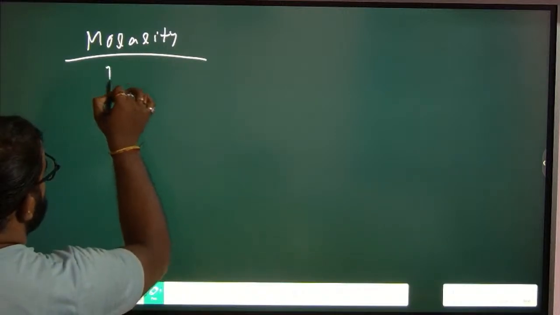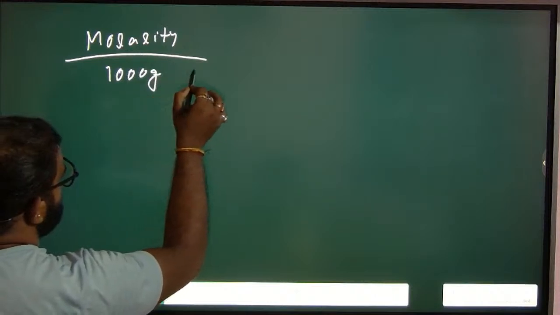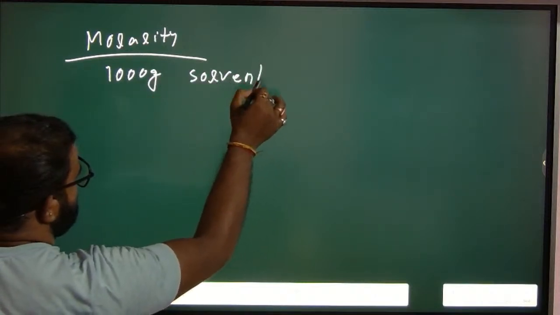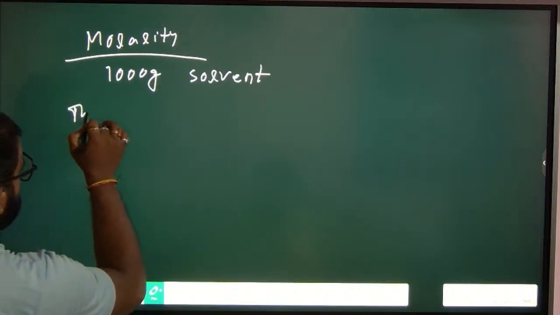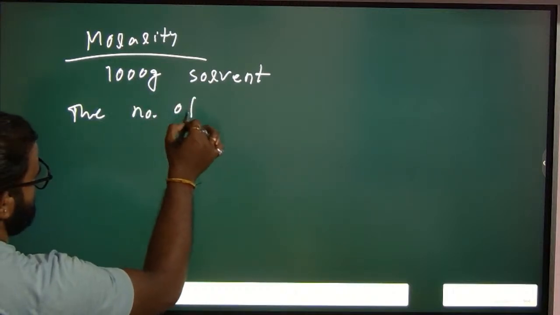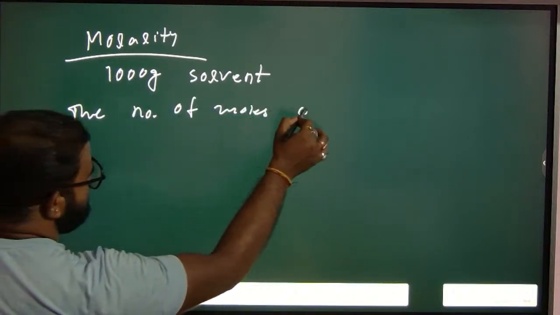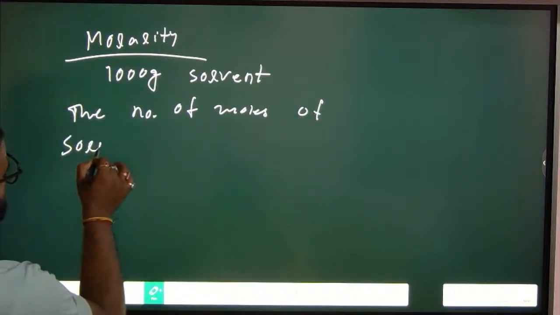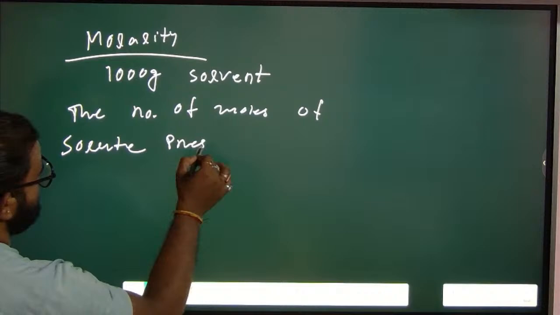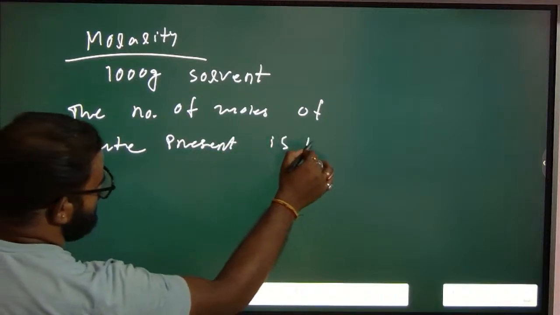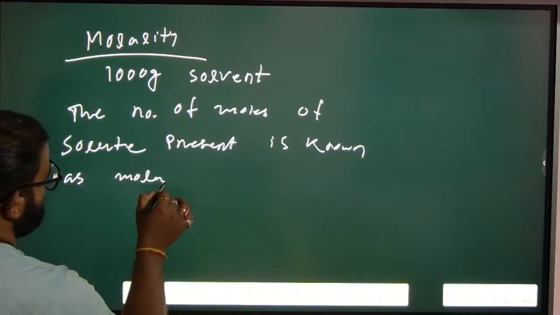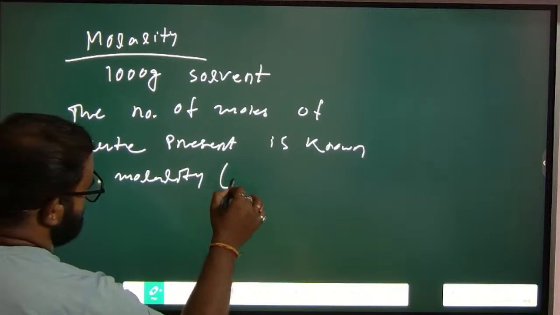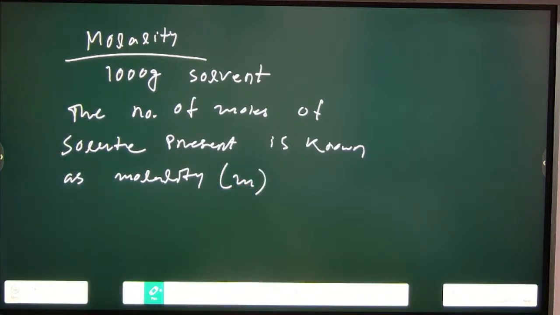If we take 1000 gram solvent, not solution, in this case solvent, the number of moles of solute present is known as molality, and we can denote this by small m. Previous one was capital M, this one is small m.